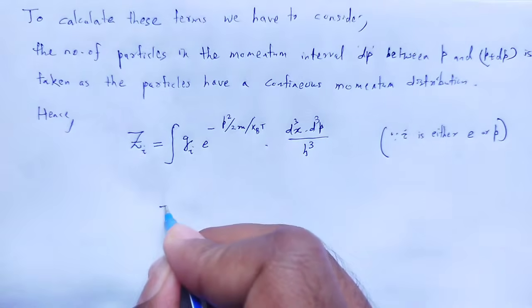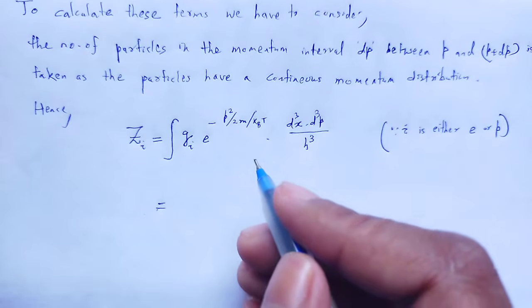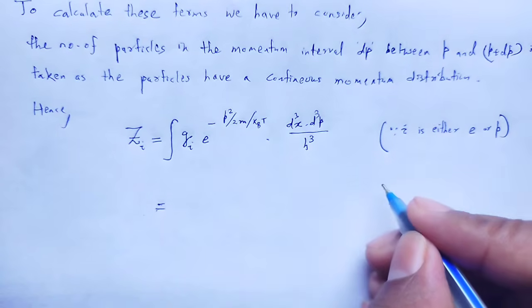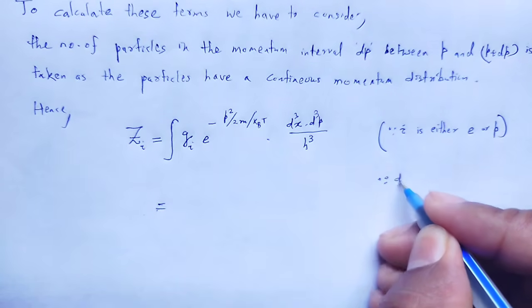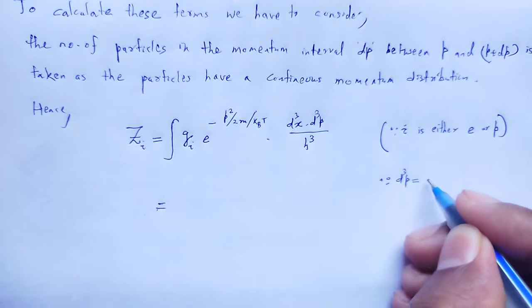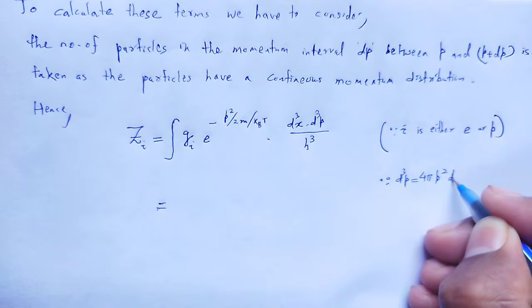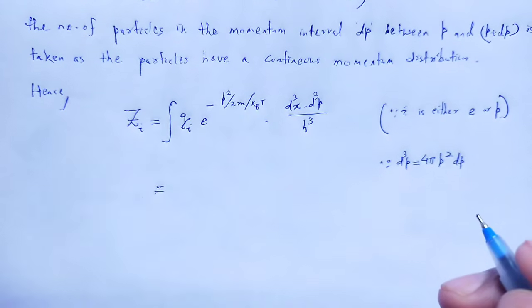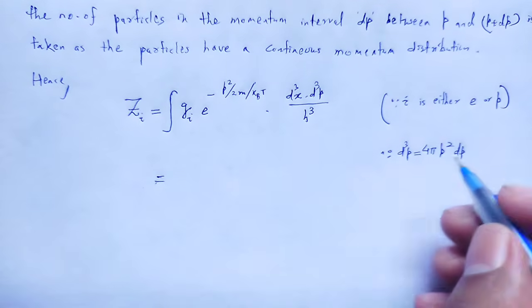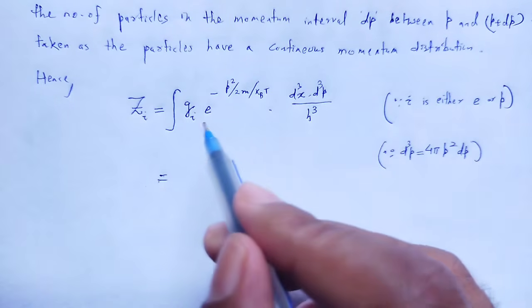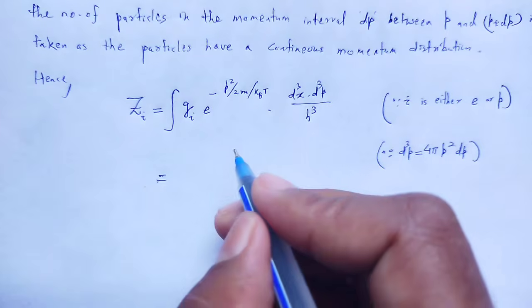Is equal to, here we can use dqp, that is 4 pi p square dp in that integral.